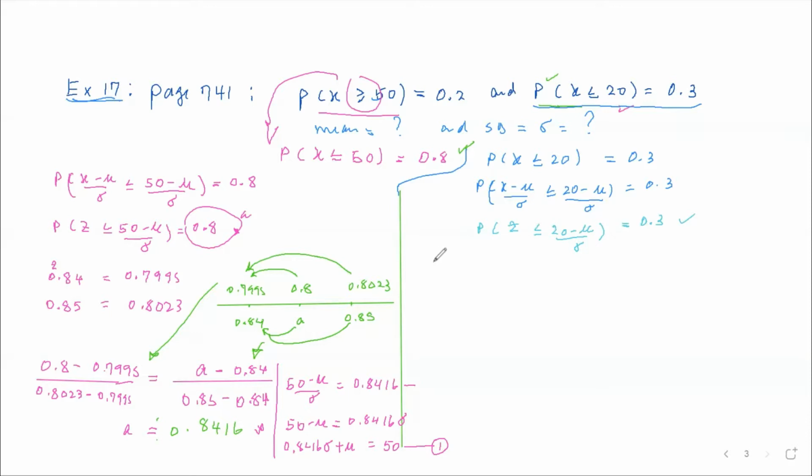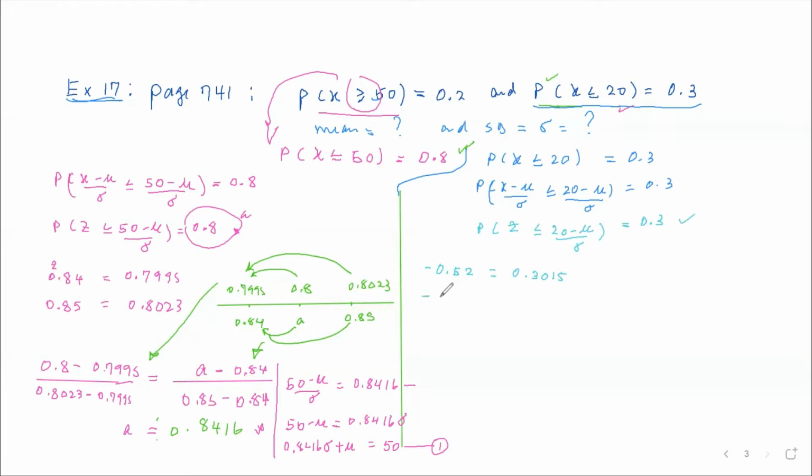So by the in between now, because from the table, the Z score is negative 0.52. You go to the table, take a look. Negative 0.52 is equal to 0.3015.